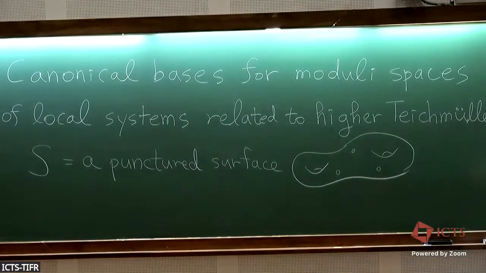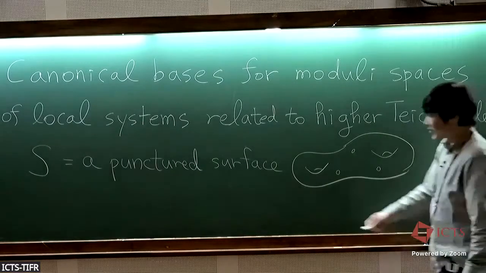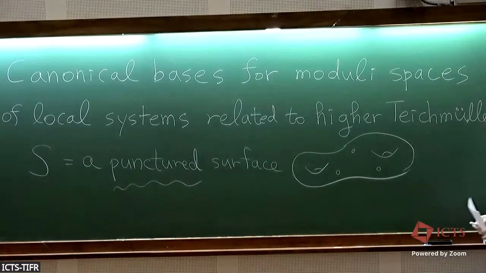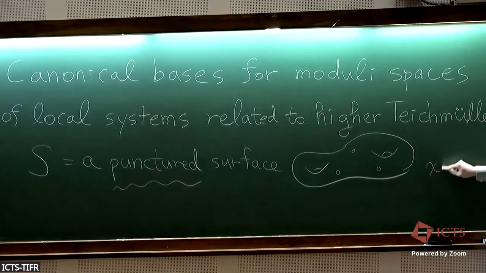And I really do need a puncture. We don't know what to do when there's no puncture, so there must be at least one puncture. And I require the Euler characteristic to be negative. That's not a serious restriction. It's just saying that for genus 1, you have to have at least 3 punctures.